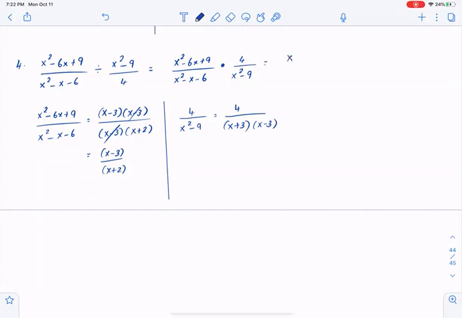So we have x minus 3 divided by x plus 2 multiplied by 4 divided by x plus 3 times x minus 3. Now we have an x minus 3 in common. We can get rid of that. So we will have 4 divided by x plus 2 times x plus 3.